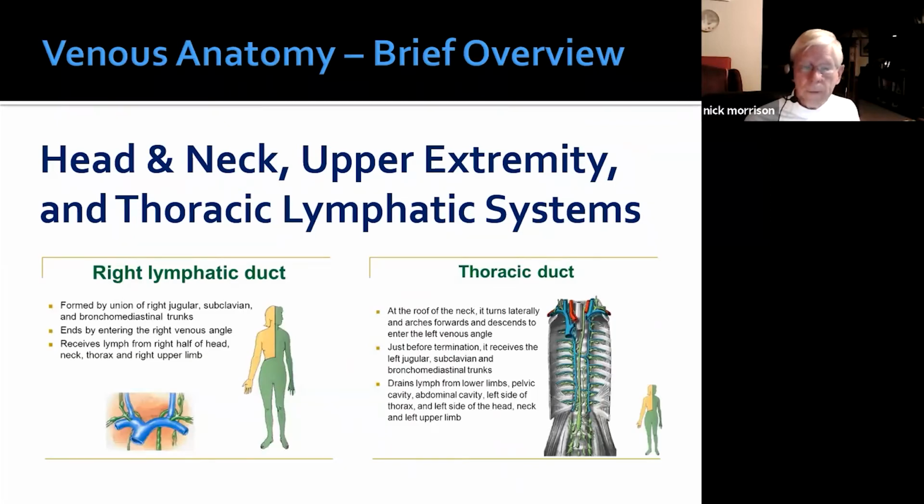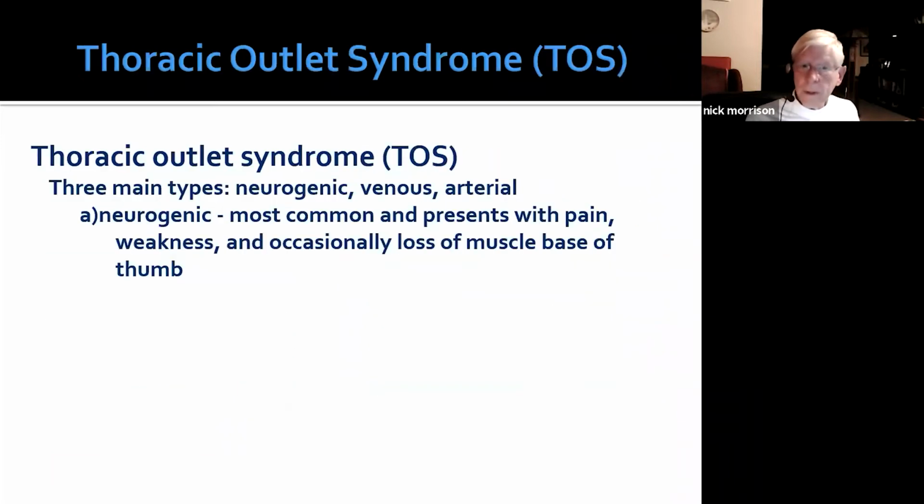The right lymphatic duct is formed by the union of the right jugular, the subclavian, and the bronchomediastinal trunks, and it ends entering into the thoracic duct. It's at the roof of the neck, and drains from the lower limbs, pelvic cavity, and lower extremities.